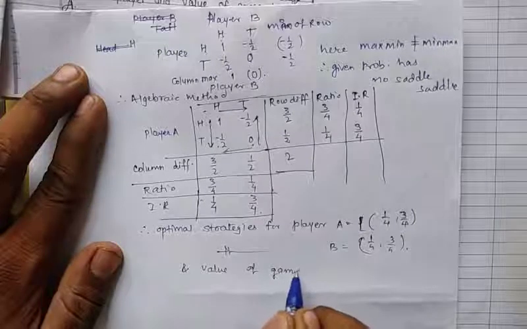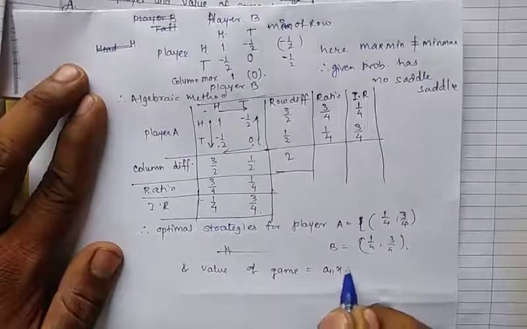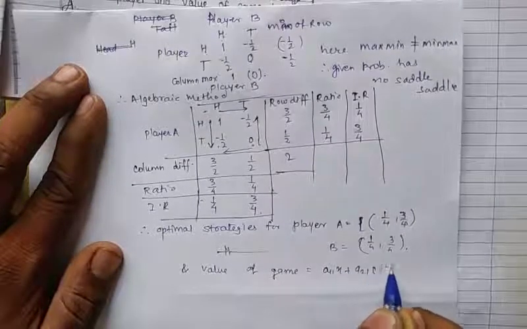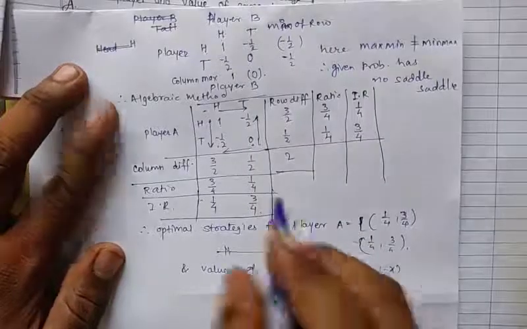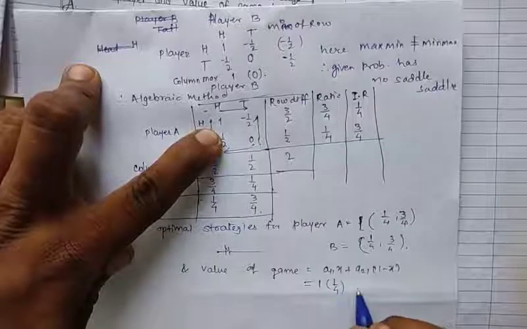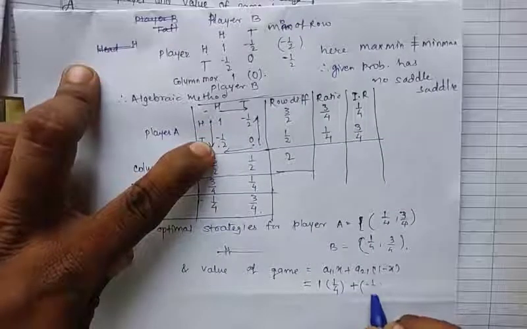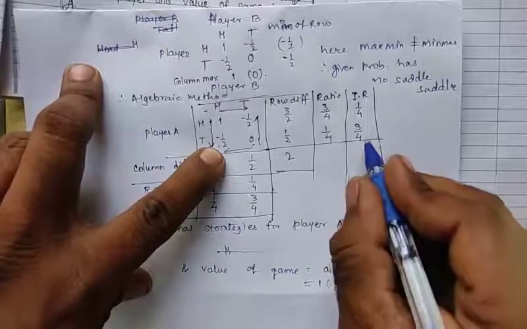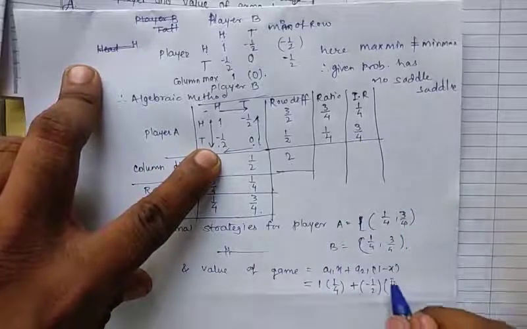which is equal to a11 x plus a21 into 1 minus x. So a11 is 1 into the value of x, which is 1/4, plus a21, which is minus 1/2 into the value of x, which is 3/4.